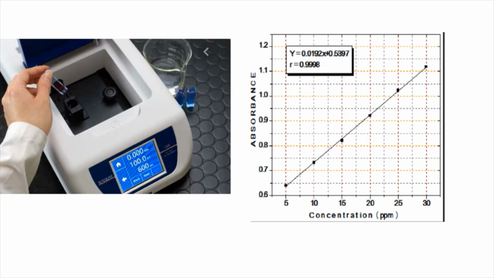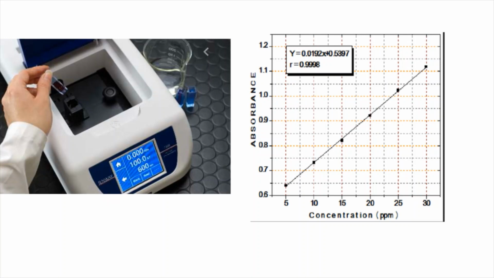Based on a calibration curve, which I have on this side, I can get that absorbance measured from the machine. So let's say I have an absorbance of 1.1. I can go across to the curve, I can come down, and then I know that my concentration is somewhere between 25 and 30 parts per million.